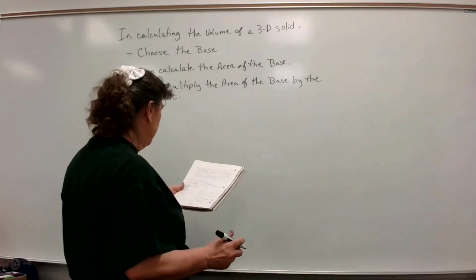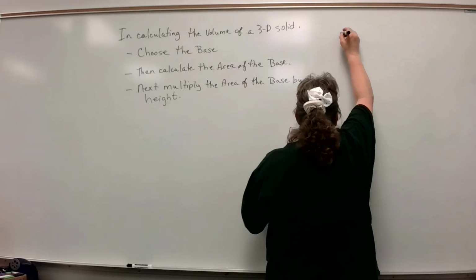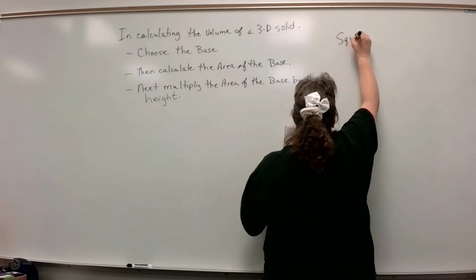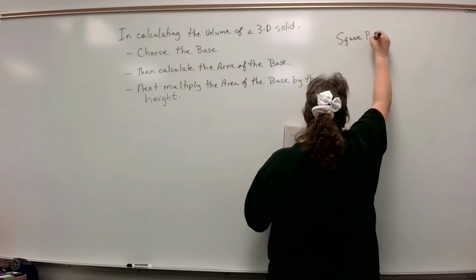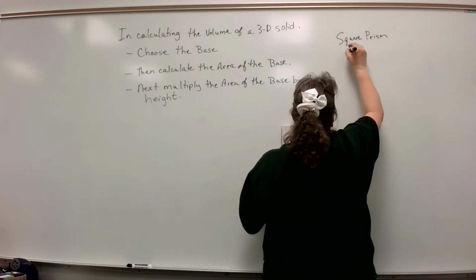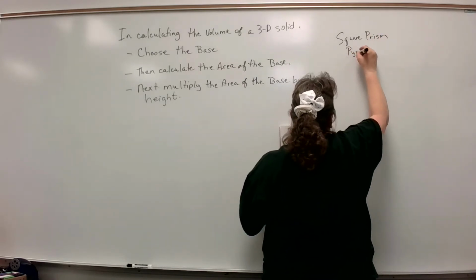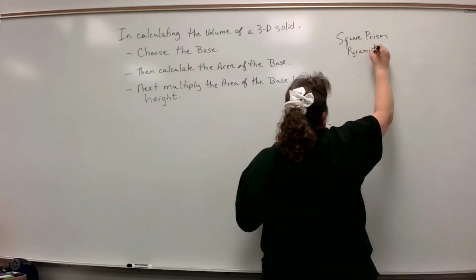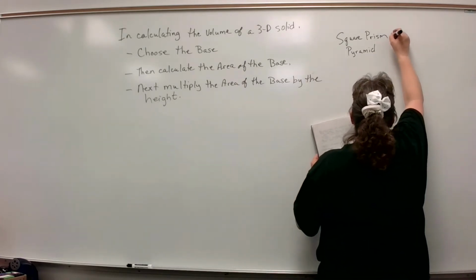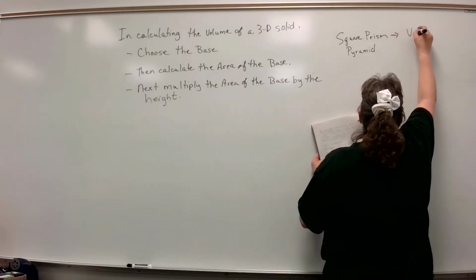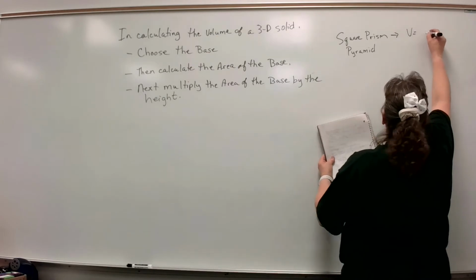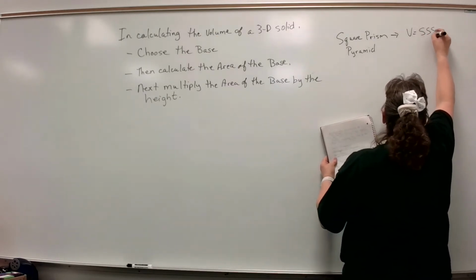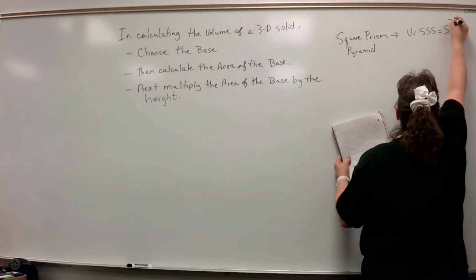formulas together. Okay, if we look at square prism, and square pyramid. The square prism, my volume, is equal to S times S times S, which equals S to the third power.